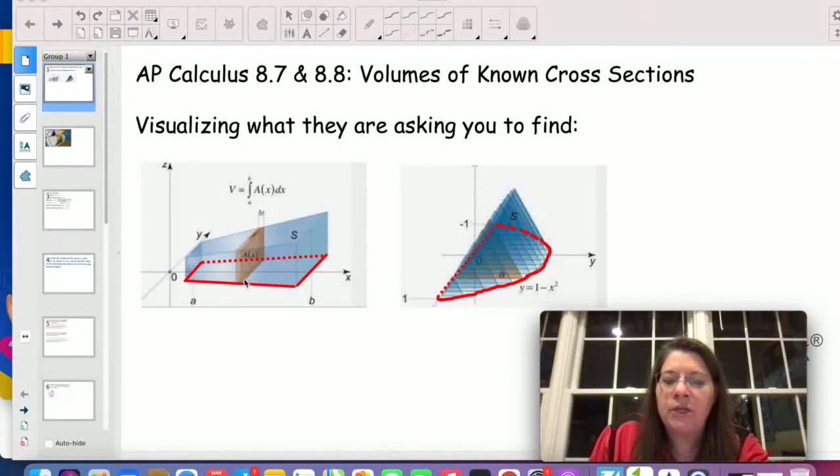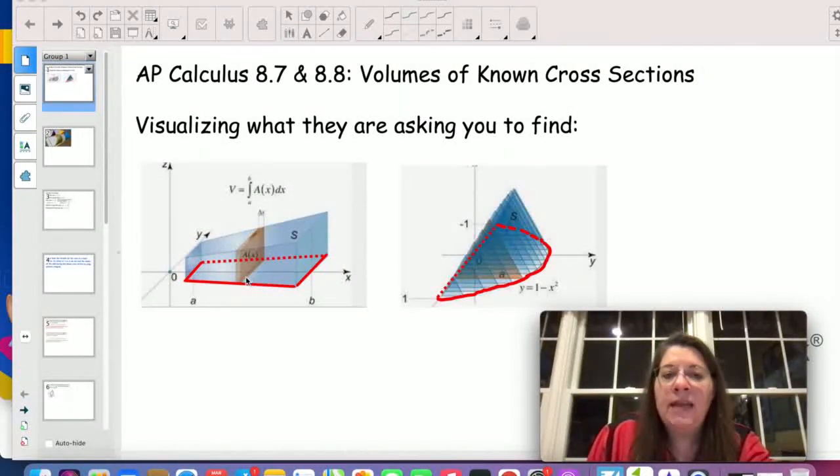What we're going to do is put a cross section of a common shape on this graph. We will know the length of one of the sides of that common shape because it will span the entire length of our 2D graph.